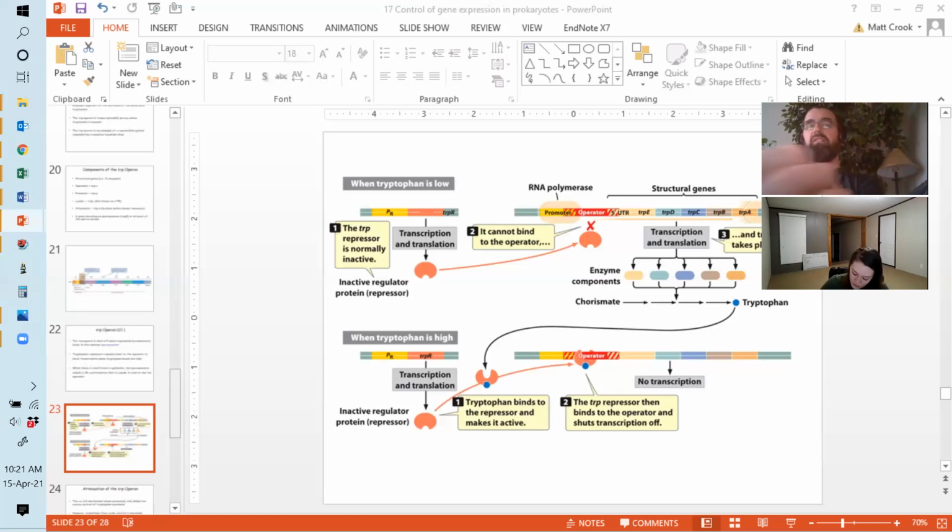So in a sense, we're going to produce a small dummy, and I don't mean that in a derogatory sense, but as in a not used for something sense. And that is going to be used to sense tryptophan levels.